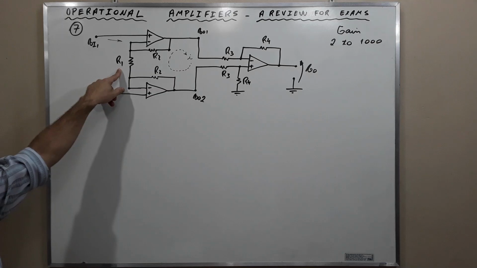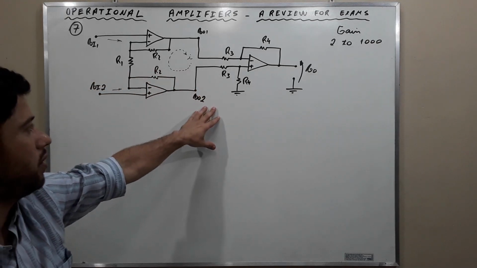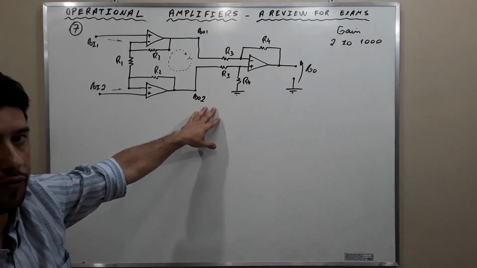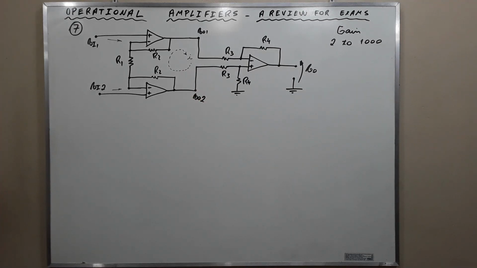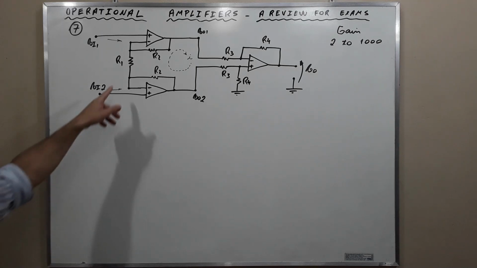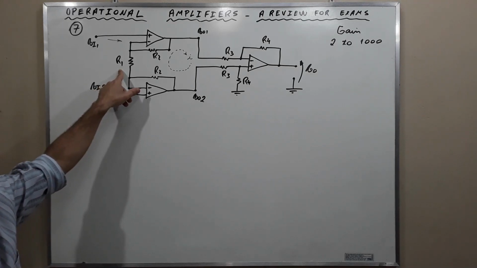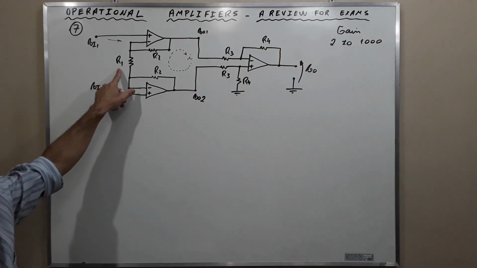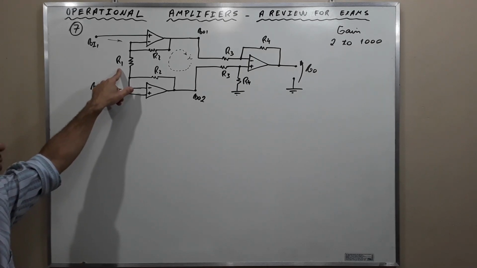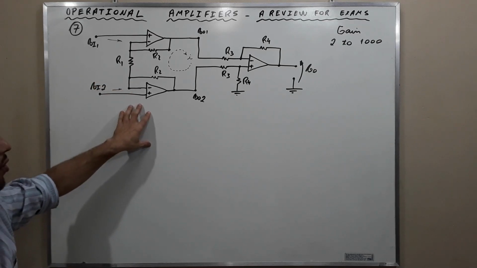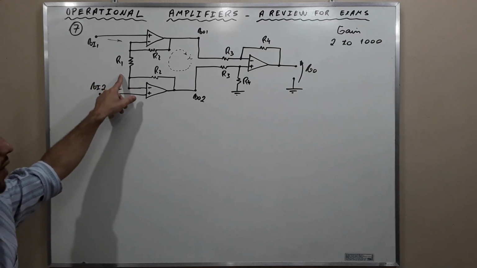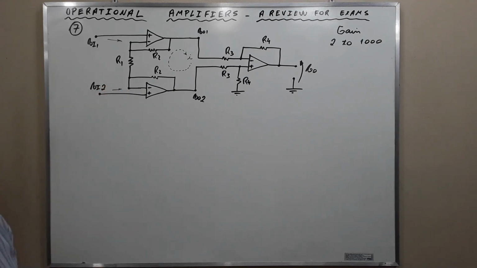But before doing this, we are going to understand the instrumentation amplifier, such as this one. And let's understand it when R1 is fixed. The exercise wants us to use a variable resistance here, but it is going to be useful if we understand first when this resistance is fixed.